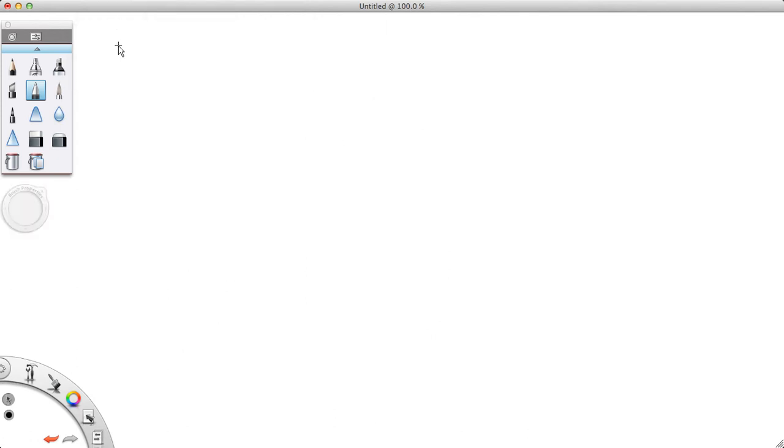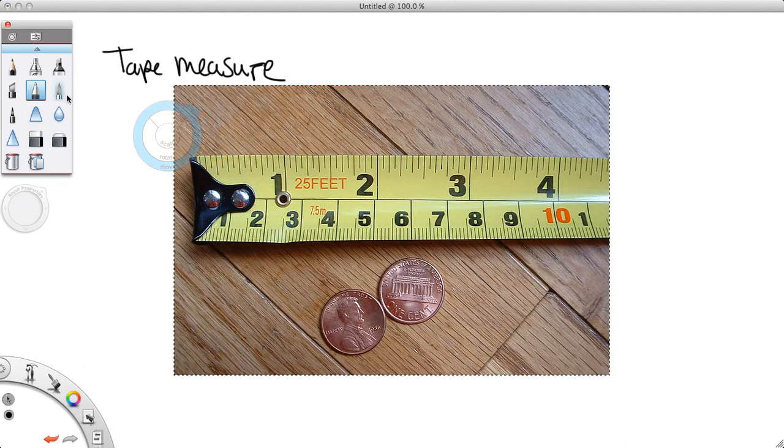Okay, so let's talk about the tape measure first here. And here is a wonderful picture of a tape measure. Now, I want you to take a very close look here.